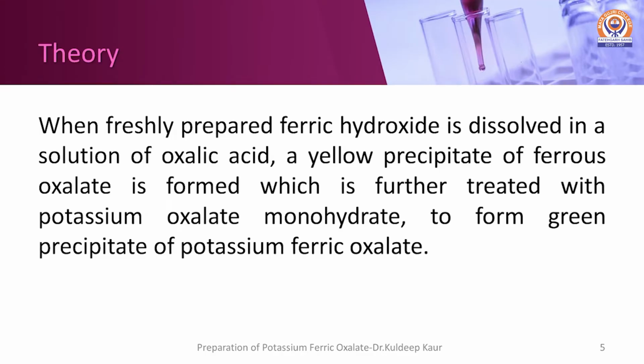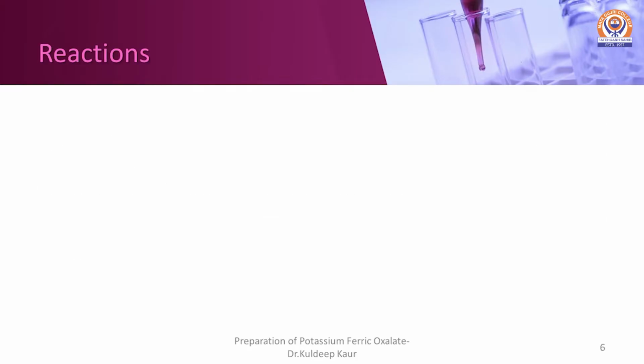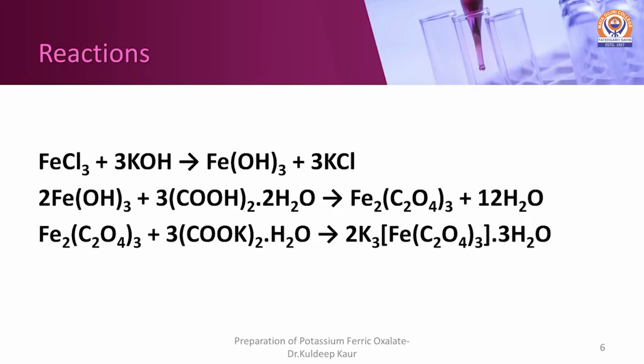The freshly prepared ferric hydroxide is dissolved in a solution of oxalic acid, which results in formation of a yellow precipitate of ferrous oxalate, which is further treated with potassium oxalate monohydrate to form green precipitate of potassium ferric oxalate. The reactions involved in this synthesis include 3 steps.